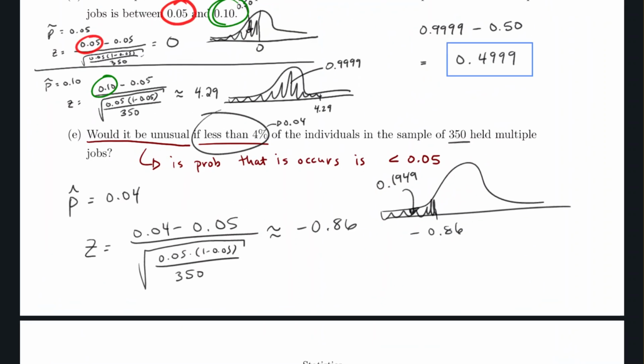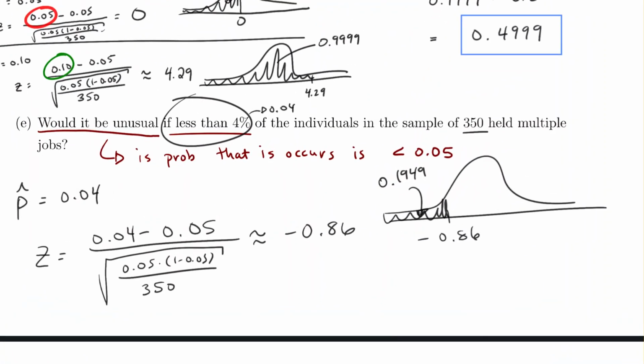Now, that is the probability. I still need to answer the question, is that unusual? Well, we know the cutoff for unusual is being less than 0.05, but 0.1949 is greater than 0.05. Because it's greater than the unusual cutoff, we say it is not unusual.